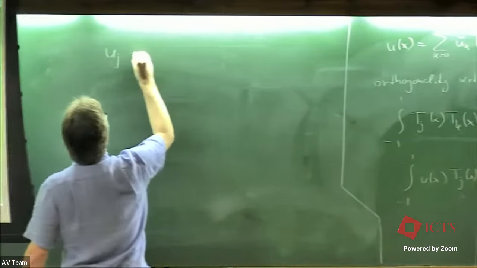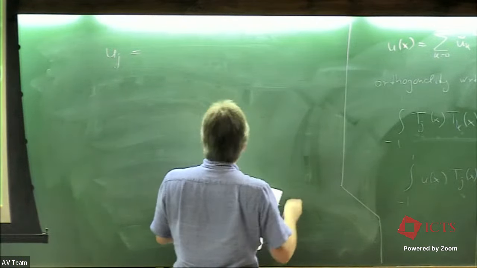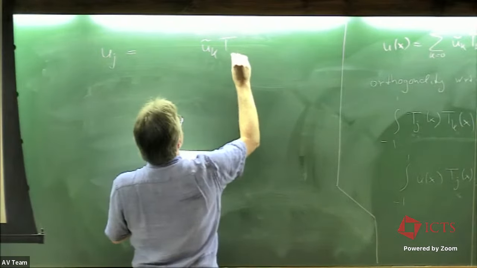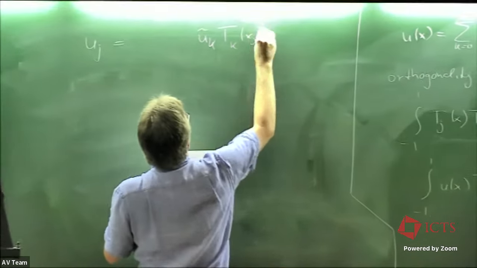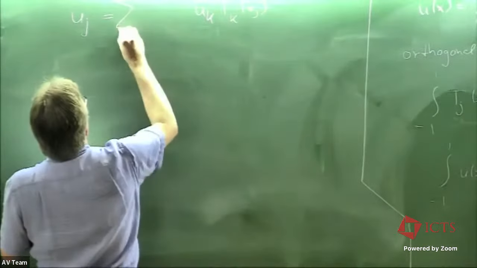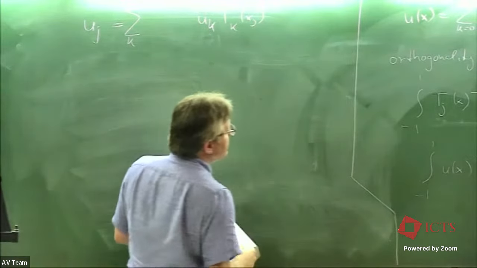U_j equals the sum over k of u tilde_k T_k of x_j. And we have a sum over k already floating around. And now we are multiplying this thing by whatever we need in order to get to the discrete orthogonality.